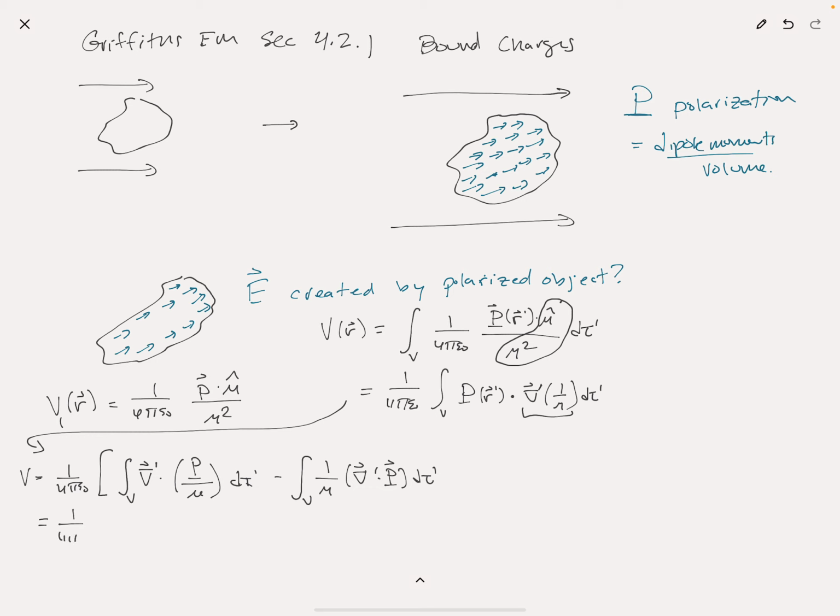So 1 over 4 pi epsilon naught, integral over a surface now, 1 over script R, p dot dA.